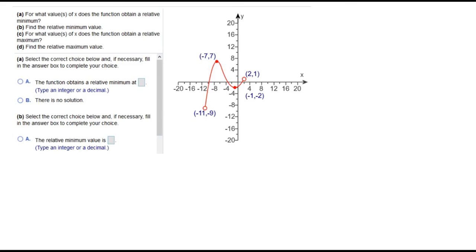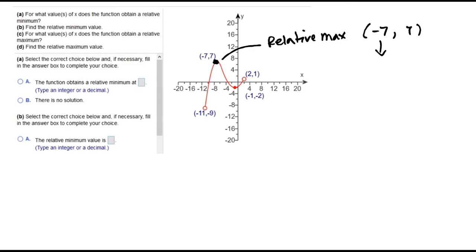And this peak that we have right here will be the location of my relative maximum. And that ordered pair has an x value and a y value.